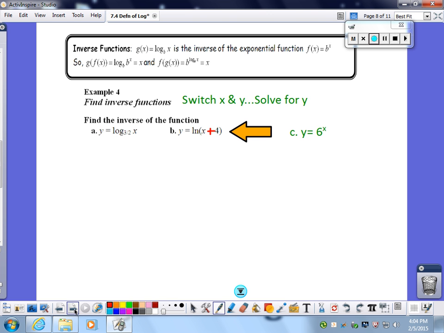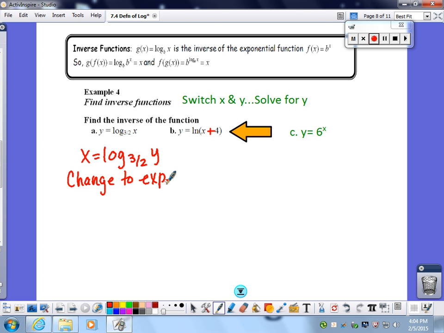All right, so here, let's set this up to find the inverse. x is equal to log base 3/2 of y. Now, to solve for y here, we're going to change the form. Because it's in logarithmic form, we're going to change it to exponential.